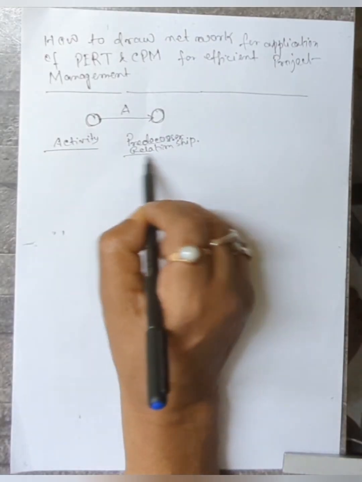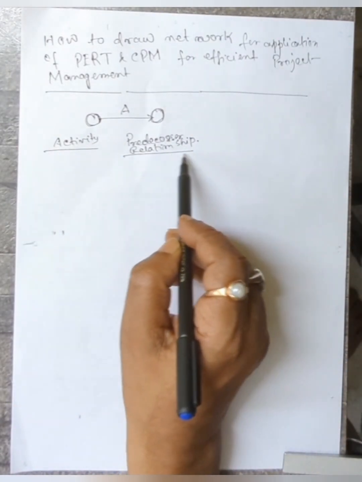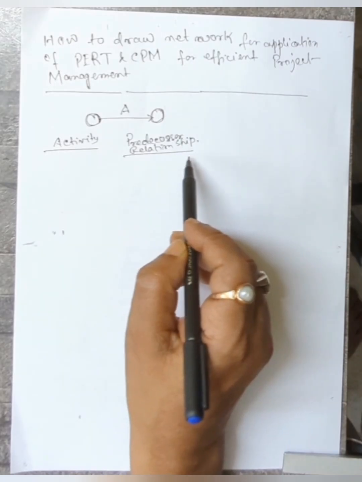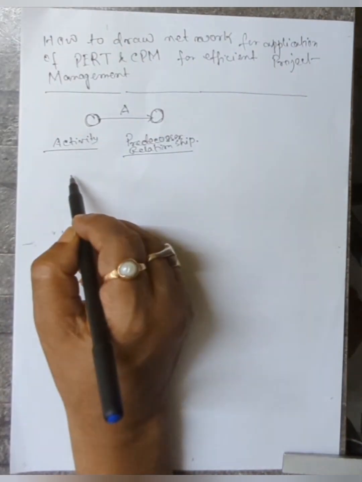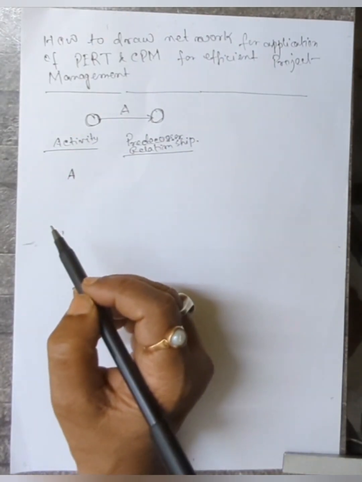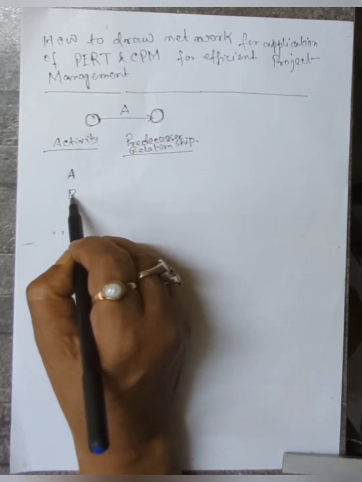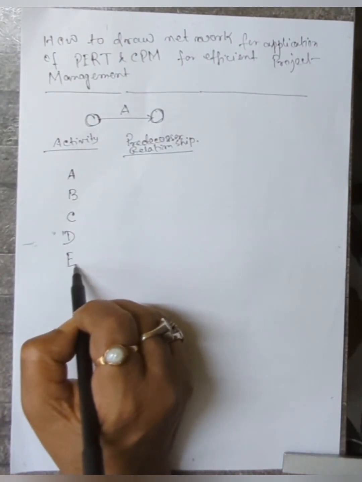That means this activity can only be started after completing the predecessor activities. Say we are taking here for easy understanding 5 activities: A, B, C, D, and E.